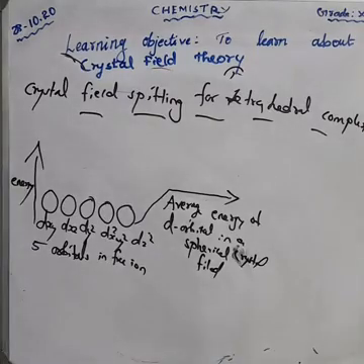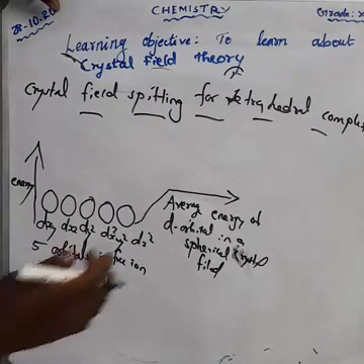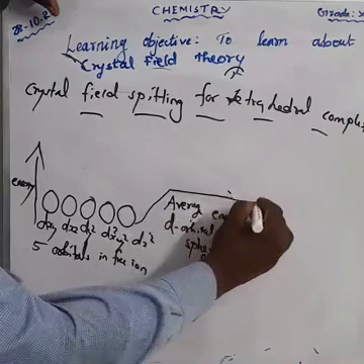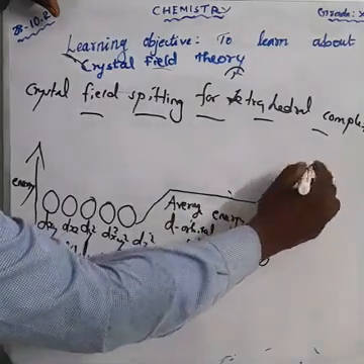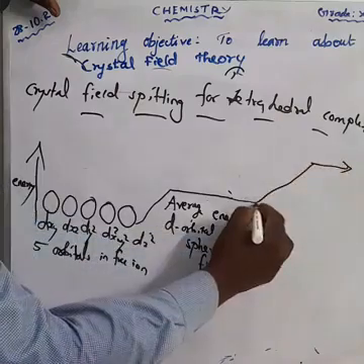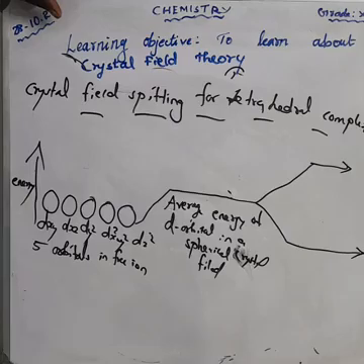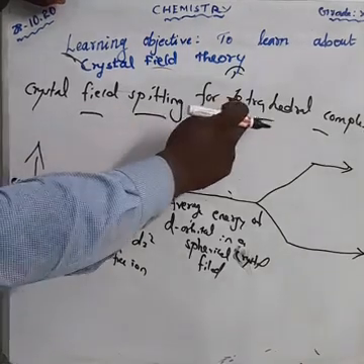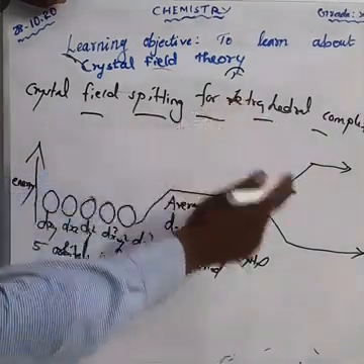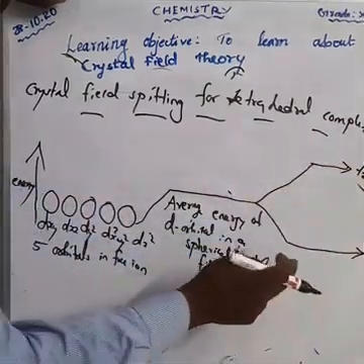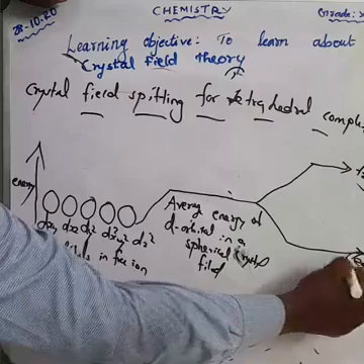But after the average energy, they have 2 sets. 2 set splitting for the tetrahedral. Don't forget that for the tetrahedral, the first one is T2g and the second one is Eg.